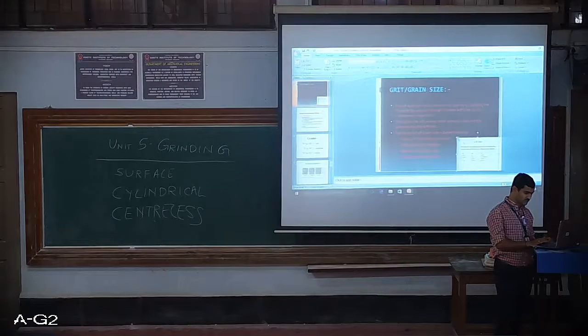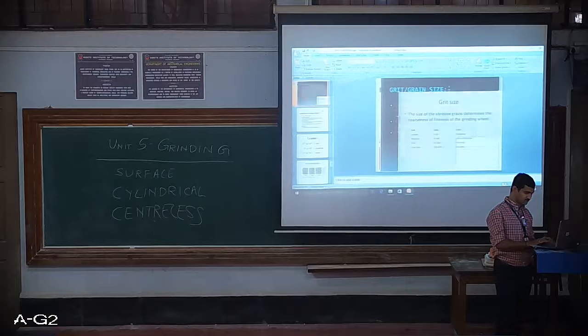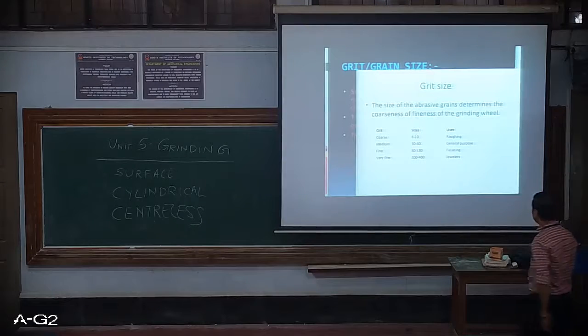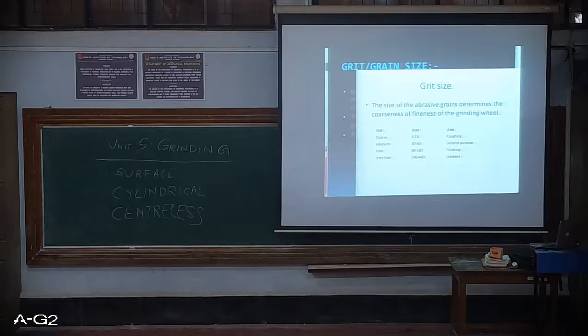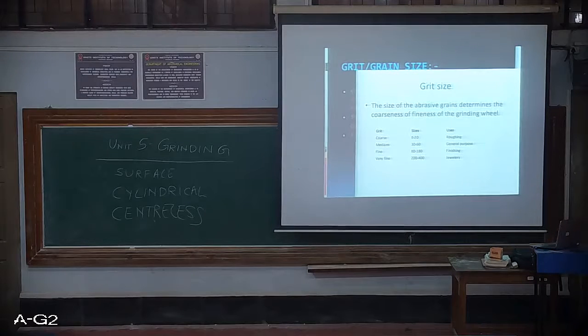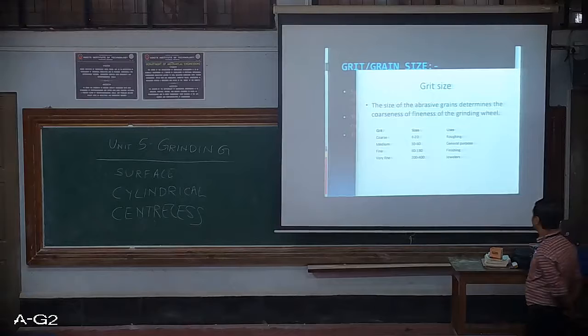Now I wish to show you one chart in which you can observe, yes, now we can observe it clearly. Grit size, the size of the abrasive grains, determines the coarseness or fineness of the grinding wheel. There is a small error, it is coarseness or fineness of the grinding wheel.